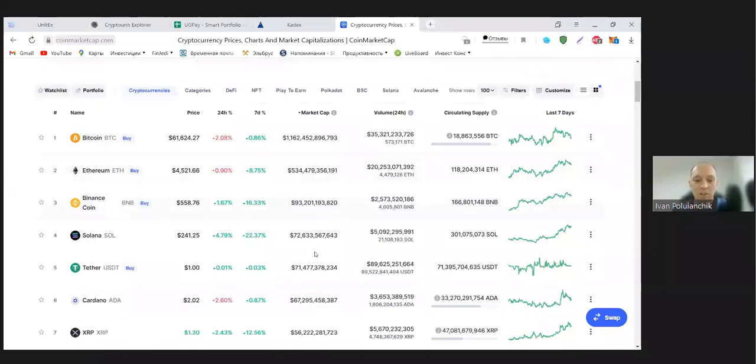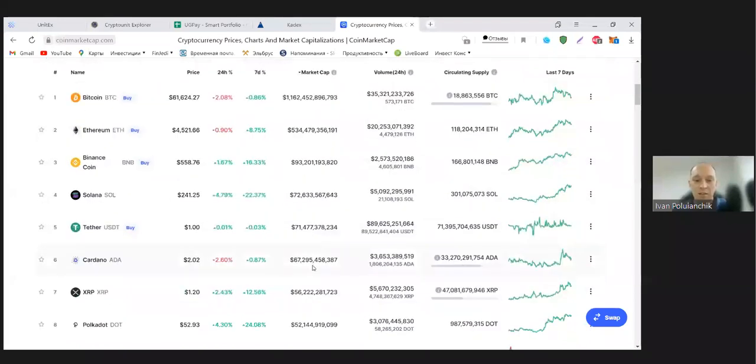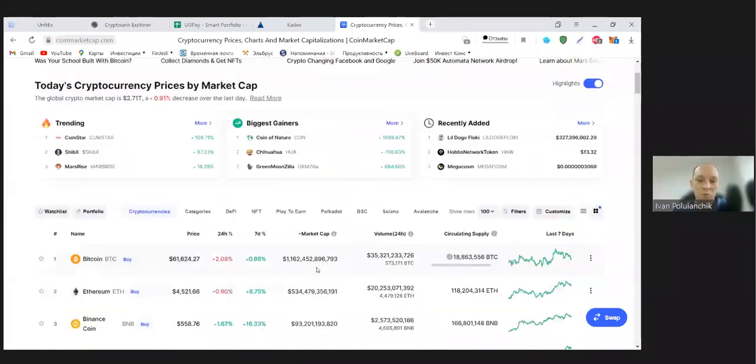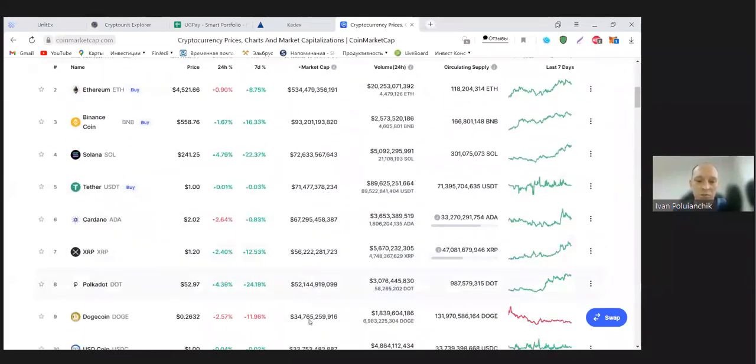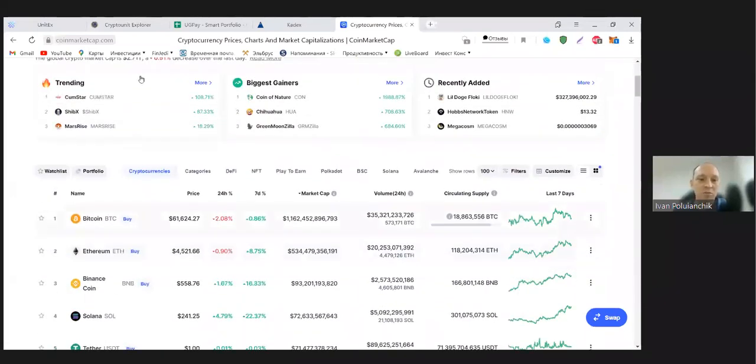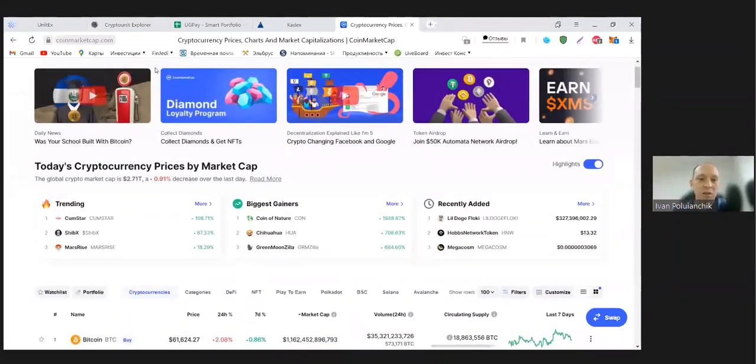And please look here: all the coins, all the cryptocurrencies are sorted by their capitalization. That is the share on the market of each currency, and the values of these indicators.